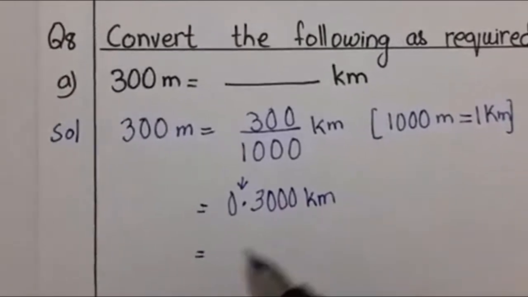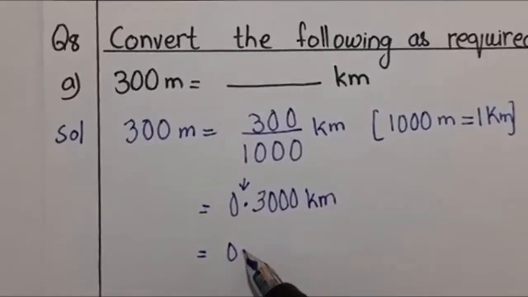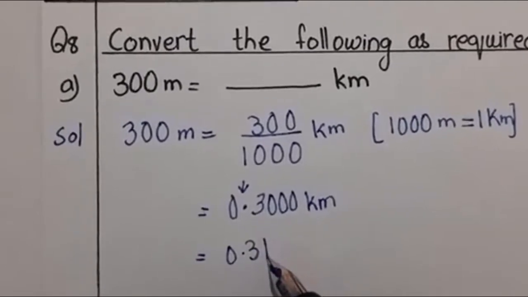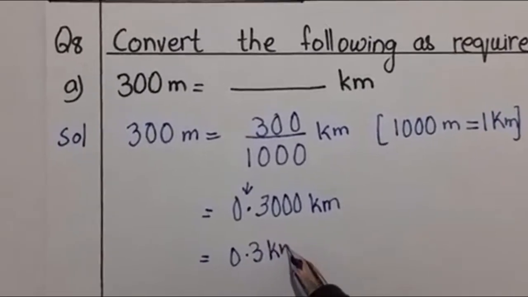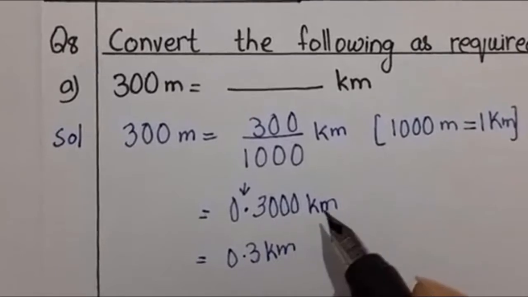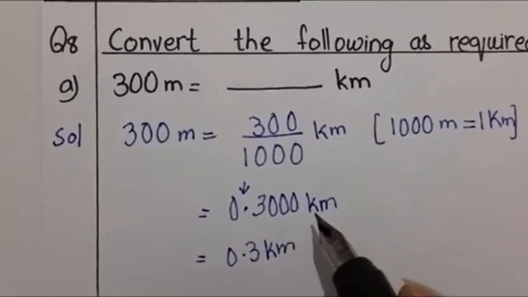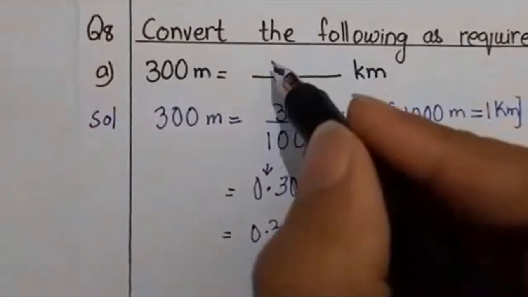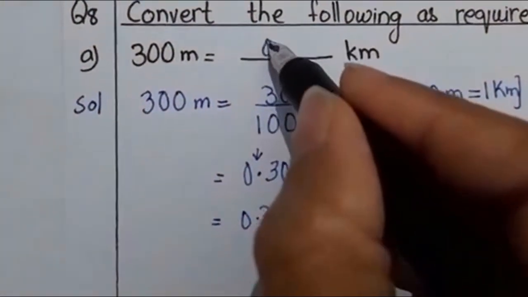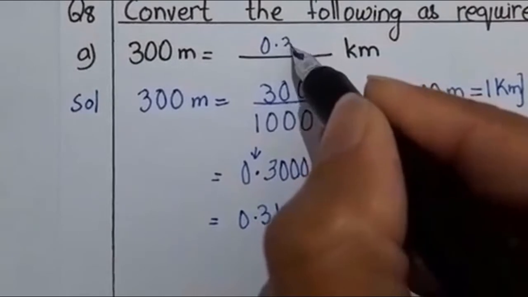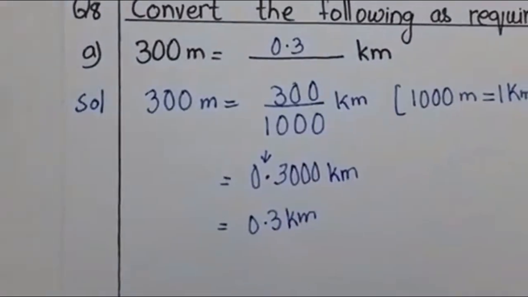So we can simply write it as 0.3 kilometers. Okay. So these zeros do not have any value because it is 0.300. It is not 300. So now here we can write, boys, 0.3 and kilometer is given over here.